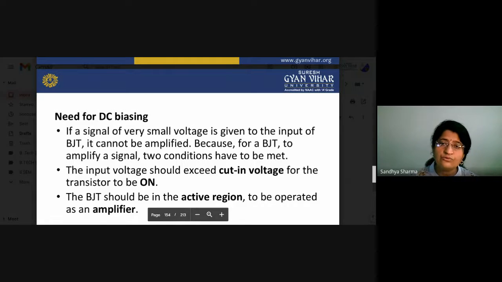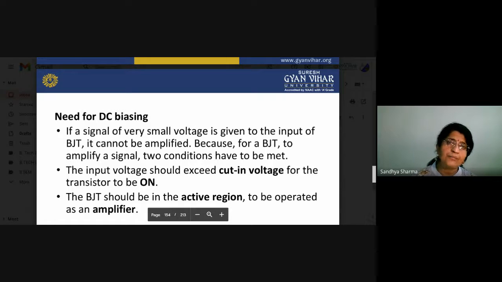You should know about the cut-in voltage. At the initial level, when we apply any signal to our transistor, some amount of the applied signal is consumed in removing the depletion layer. After the depletion layer is removed, the current rises. That particular point at which the current rises sharply is called the cut-in voltage.